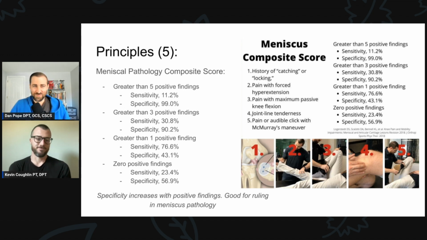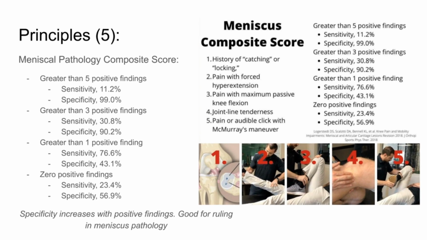So if we see here that there are 5 positive findings of those 5 things, the specificity is as high as 99%. So they're testing positive with all 5 of these things. We are feeling pretty confident that they have a meniscus pathology. The sensitivity is not great. So just keep that in mind. Still not the best at ruling out, but a lot better at ruling in.